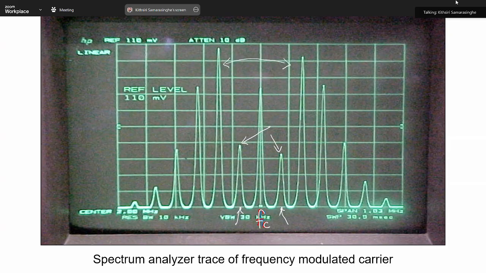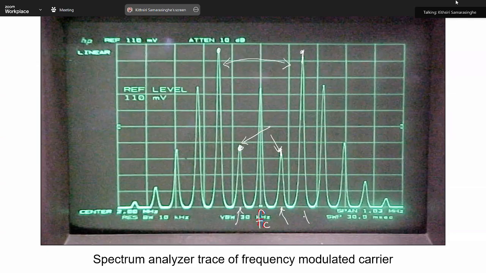Of course, the amplitudes must be equal, although this modulator has a small issue, slight unequal amplitudes in the pair. But theoretically, the pair will have same magnitude, same separation from the carrier.